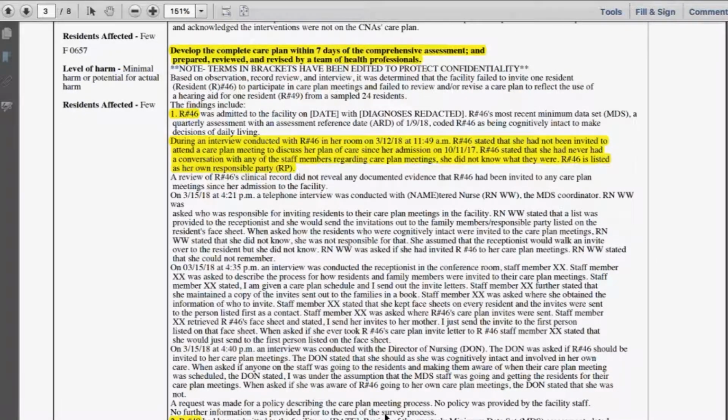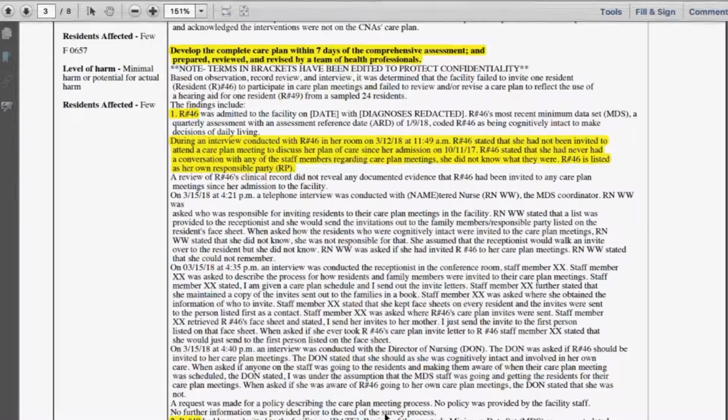Every resident has a right to every service that we talked about in the federal requirements. And so this really tells you exactly how those rights are not being realized for the residents. So the statements of deficiencies are written by the state surveyors.